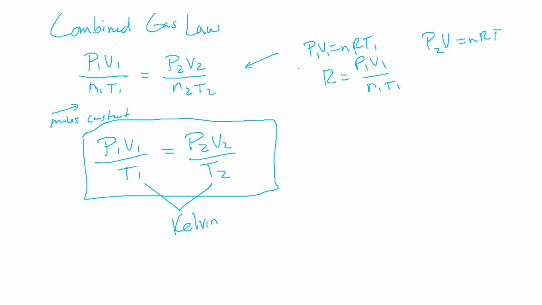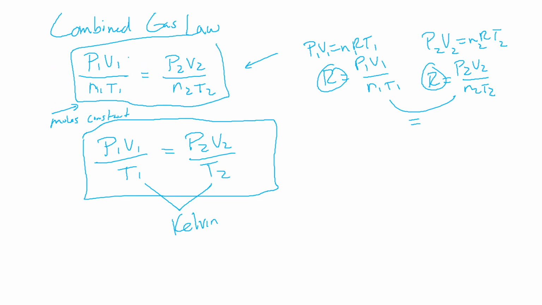And these are all 2s, obviously, in this case. If we solve for R over here, this would be P2V2 over n2T2. And R here and R here is a gas constant, which means we could set these equal to each other. And that is how we get to this equation right there, by the way.